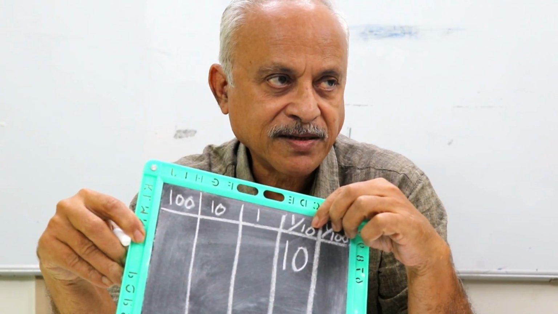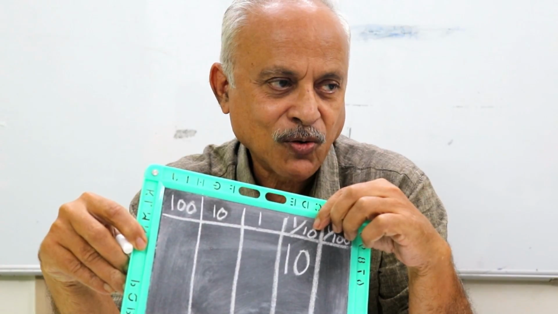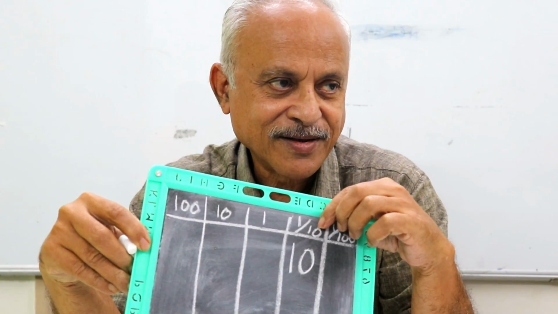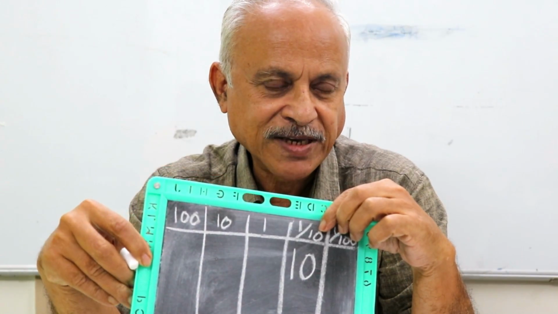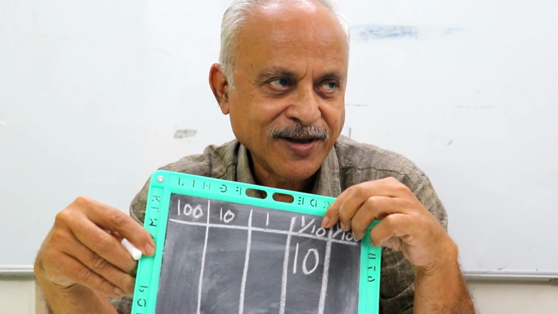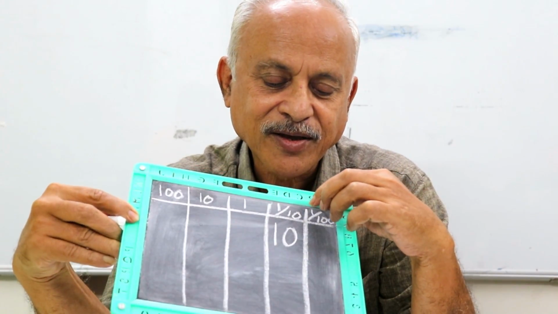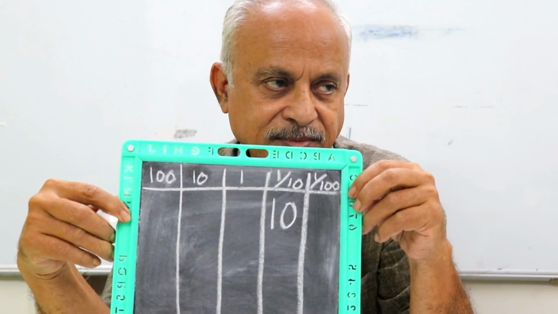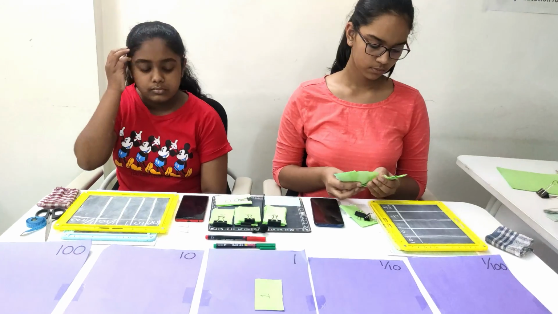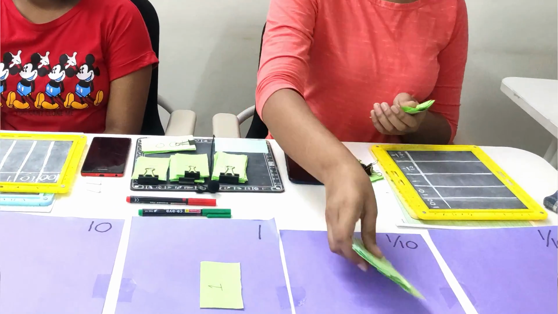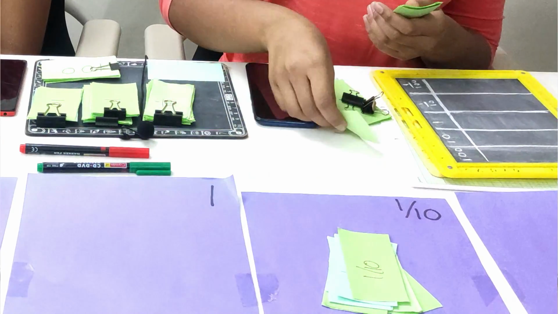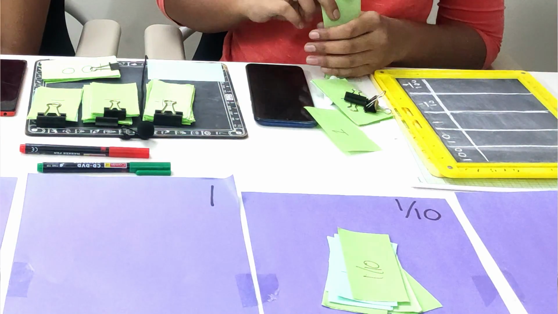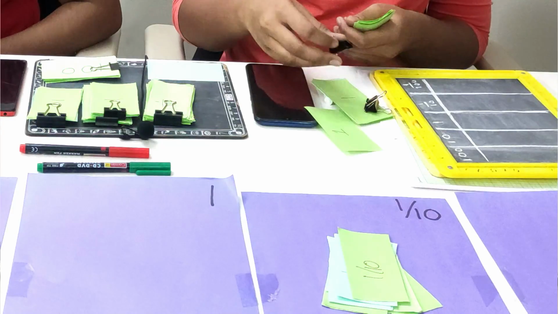This is the house of 1 by 10. So what we have placed is the short form. Please place this number in this form. Okay?